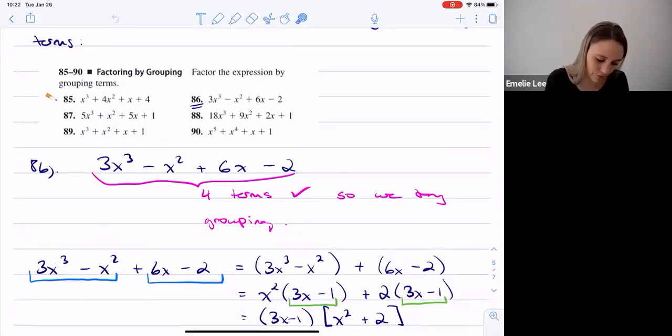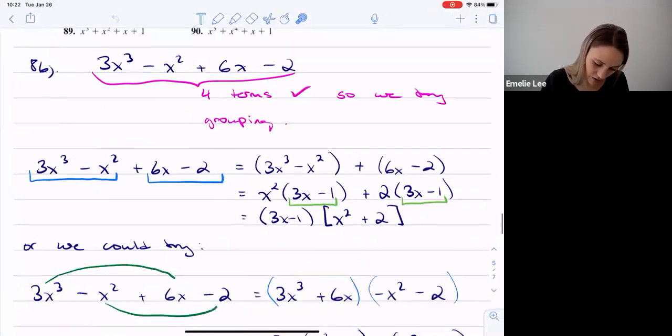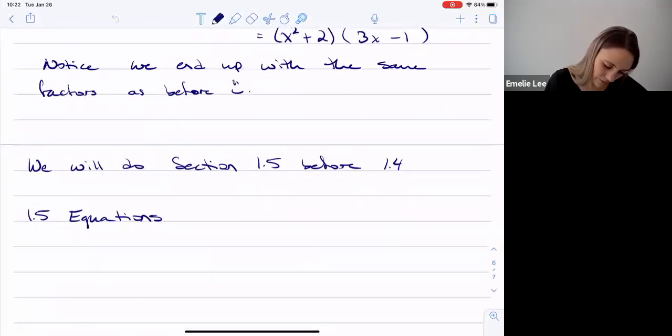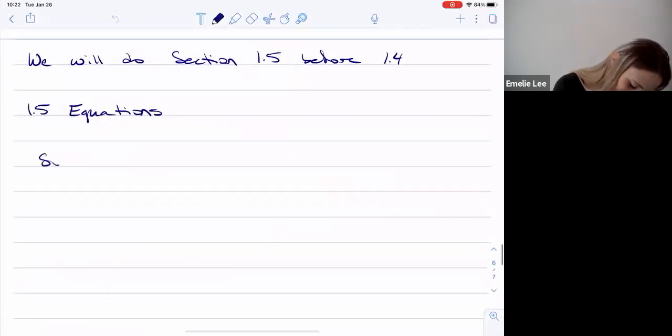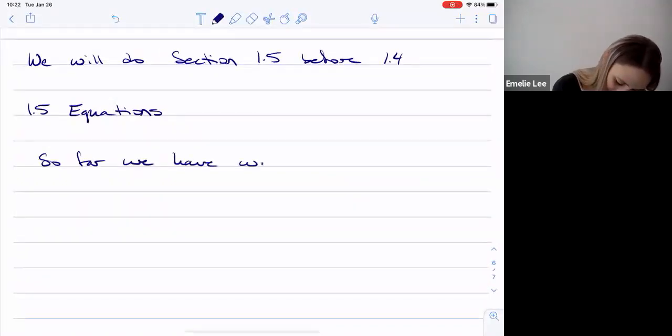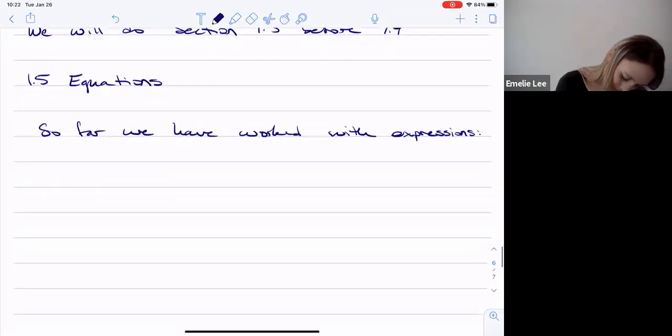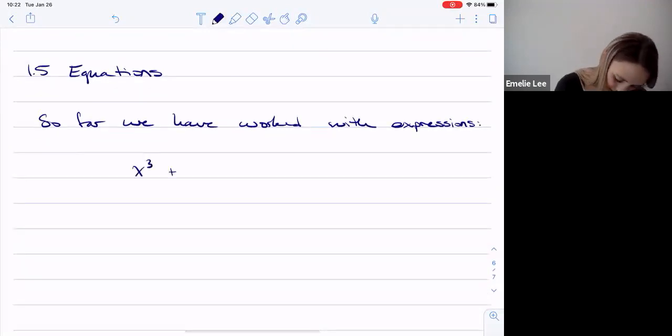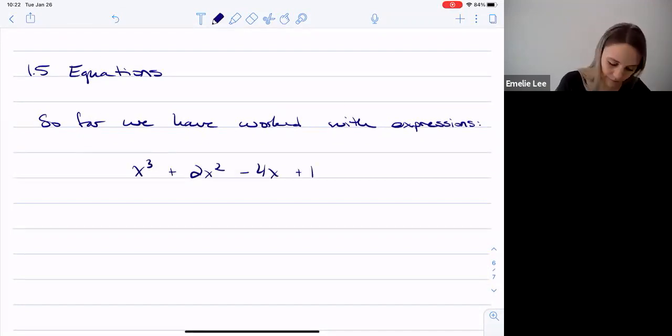By just slowly manipulating, that's how we create this equal sign, but we're not given an equal sign initially. So far, we have worked with expressions, things like x to the power of 3 plus 2x squared minus 4x plus 1.